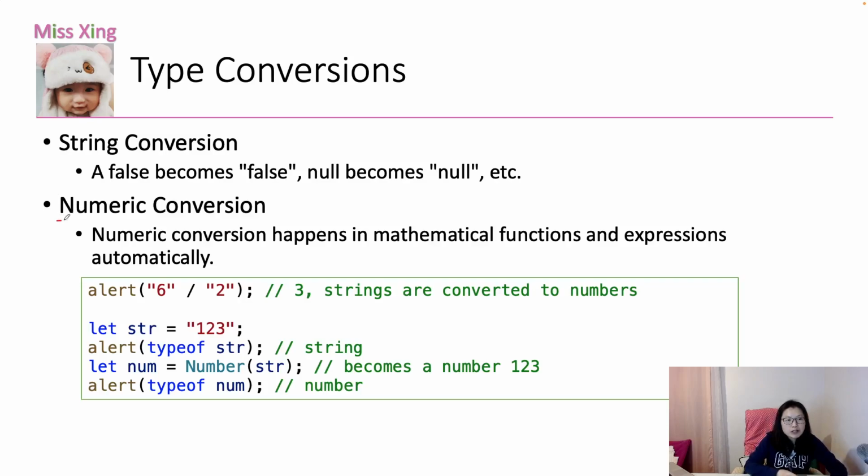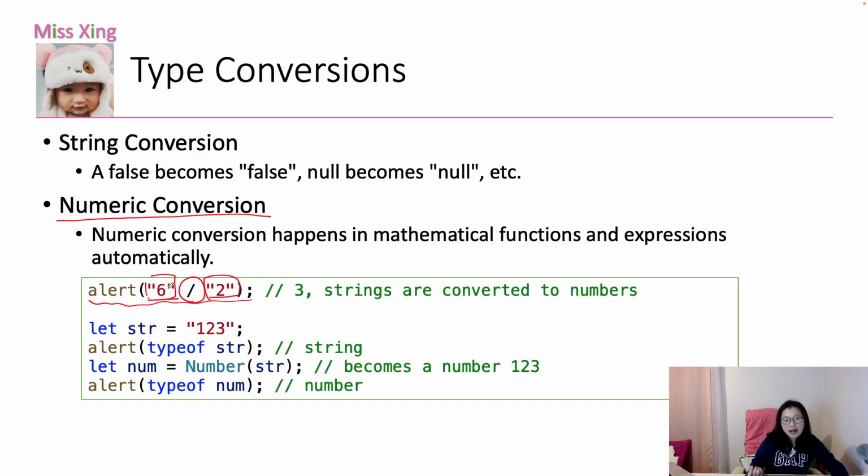By its meaning, numeric conversion converts other types into a number, right? Numeric conversion happens in mathematical functions and expressions automatically. Let's take a look. We have a mathematical operator, which is a divide, and both parts are strings.